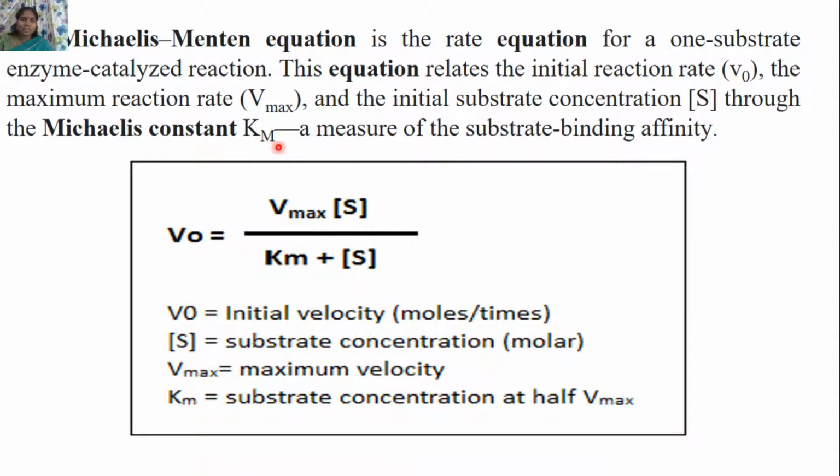K1, K2 and K minus 1 together we call the Michaelis-Menten constant, a measure of substrate binding affinity.